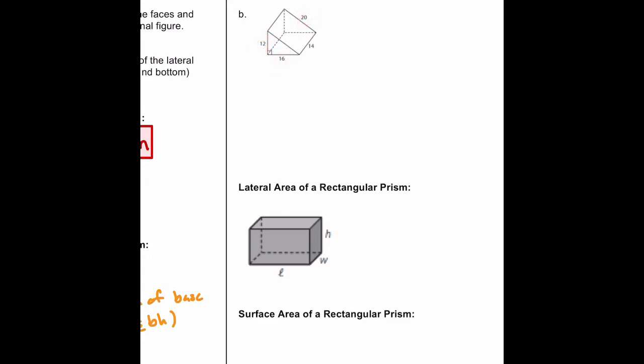So then what I can do is just jump straight into my lateral area formula, which is P times H, where P stands for the perimeter of the base, and the perimeter of the base is the perimeter of the triangle, because the triangle should be the base. That'll always be the case. So I'm going to add up 12 plus 16 plus 20, and then times height, which is actually 14, even though it looks like it's laying on the ground, right?